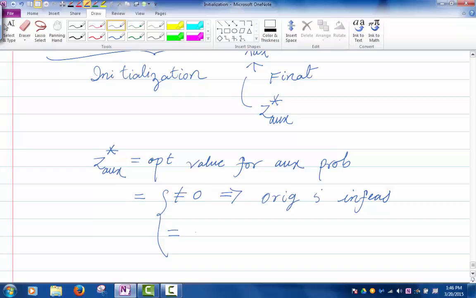If it is 0, then I can say the original problem is feasible, right?